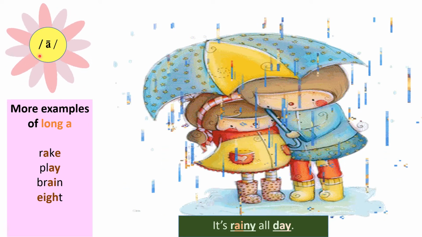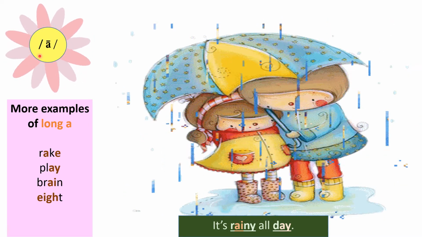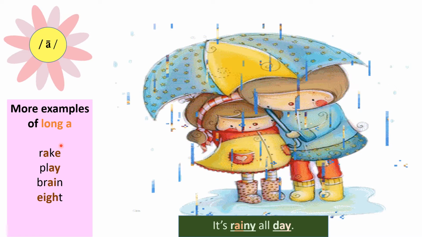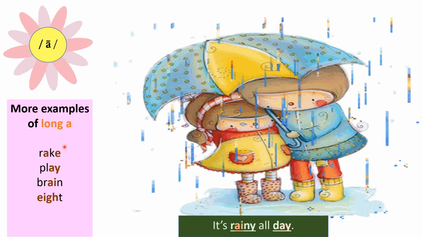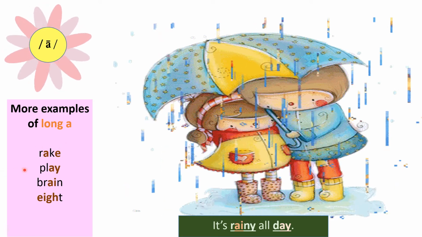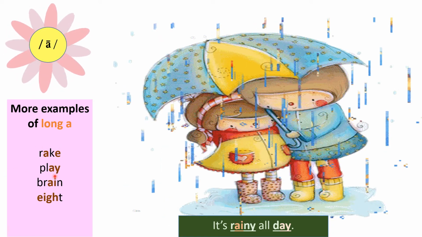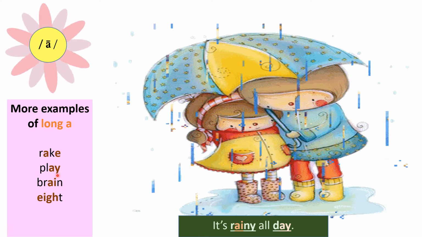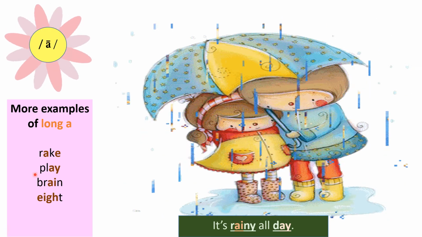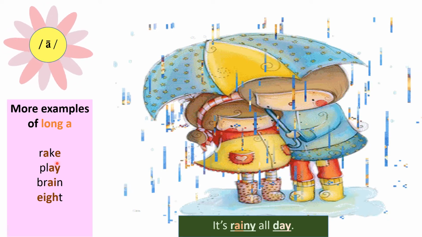For example, words spelled with A, E, like in the word rake. We also use it for words spelled with AI, like in the word brain, and with words ending with AY, like in the word play.